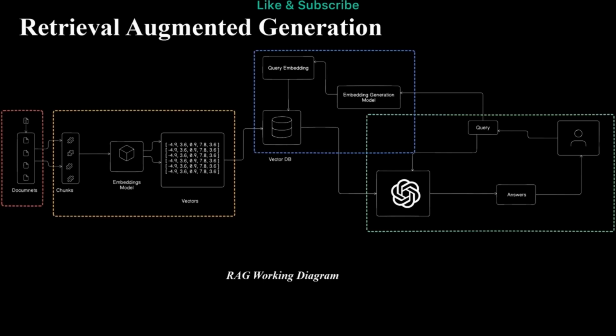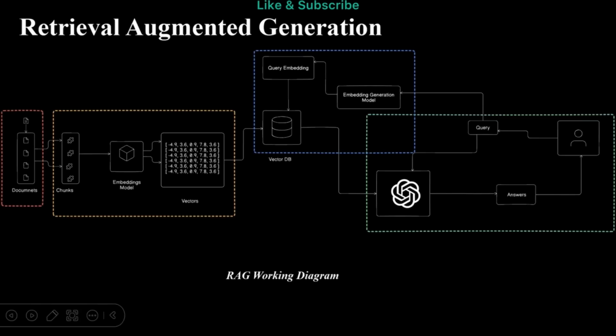That's why we use those parameters, chunk size and chunk overlap. Then we'll pass that to an embedding model that will help us generate the vector embeddings. Here we are using Google's embedding 001 model, which gives us 768 dimensional vector embeddings.